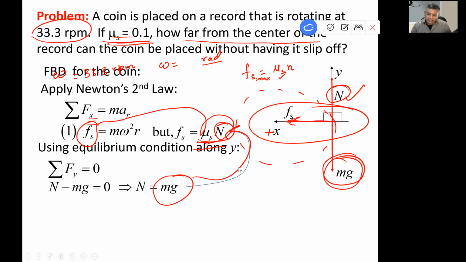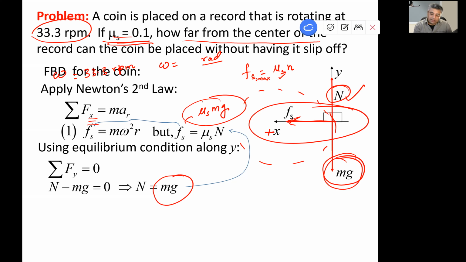Now with this, the Fs becomes mu s times m times g, right? So this is going to be the same as this, and you can see m is on both sides, which means the m cancels.